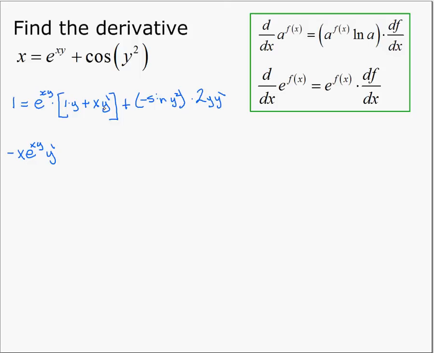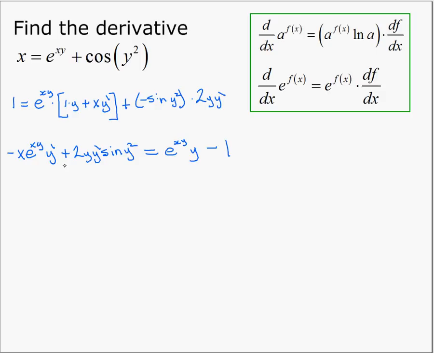That's this term multiplied and moved to the left, plus 2y y prime sine of y². That's this term moved to the left. Everything else goes on the right, so this piece here will stay on the right. That's e^(xy) times y, and this 1 comes to the right, so that's minus 1.